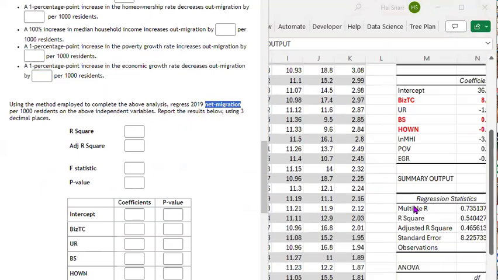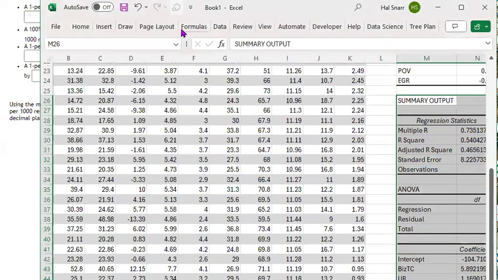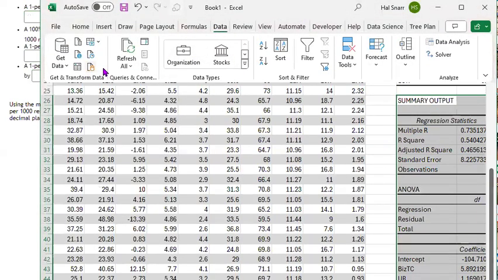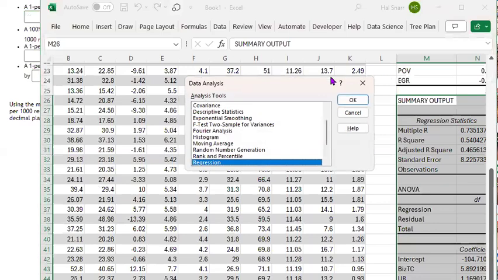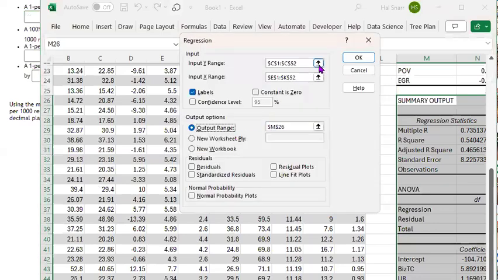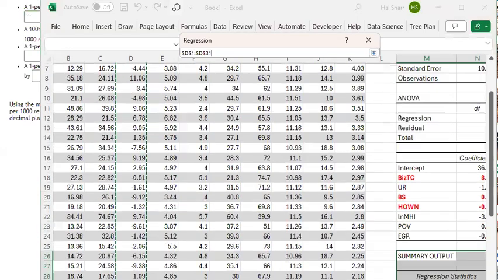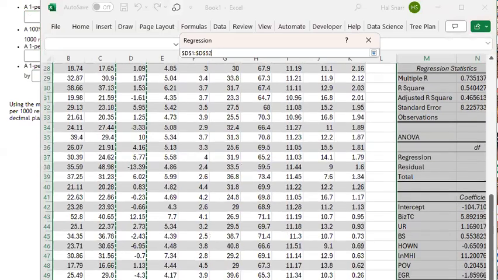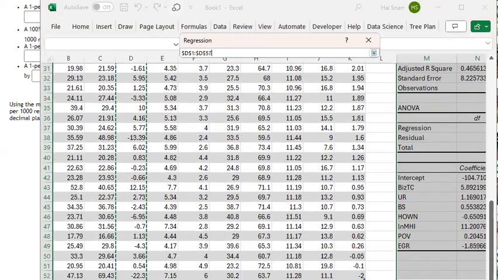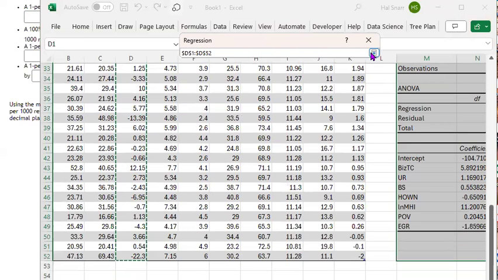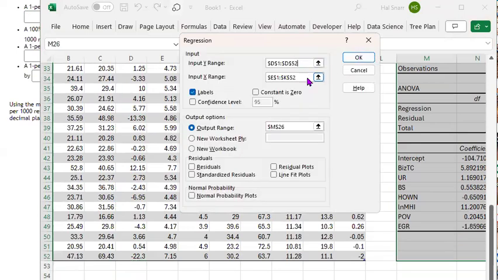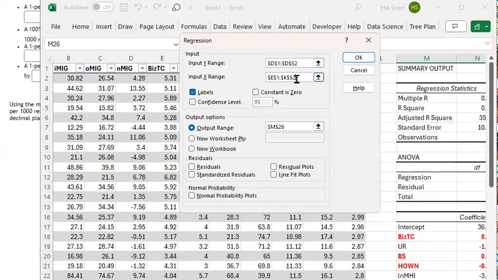And then for the third regression, you're going to do net migration. On that third regression, you're going to click data, then data analysis, regression. And instead of using column C, you're going to use column D. So you're going to go from NMIG down to the last number in this column. So that's your new Y. Your X range always stays the same.